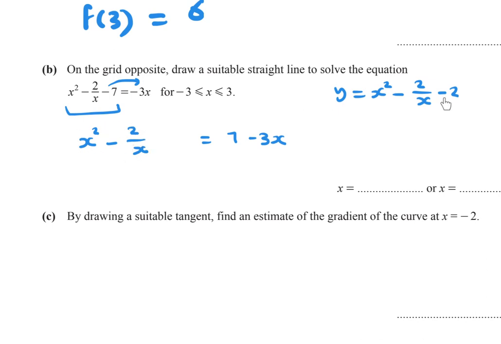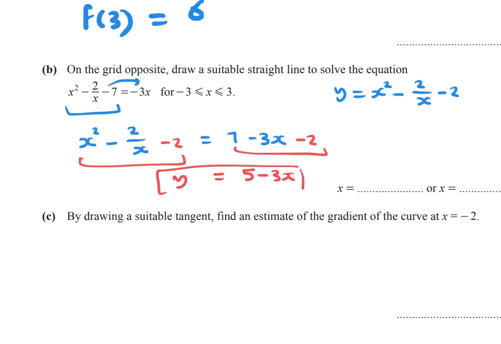We need negative 2, so we add negative 2 to both sides. So now this is the curve and this is the line. But we need to simplify. 7 minus 2 equals 5. So 5 minus 3x. And because this is the curve, this is y, so y equals 5 minus 3x. This is the suitable line we have to draw.